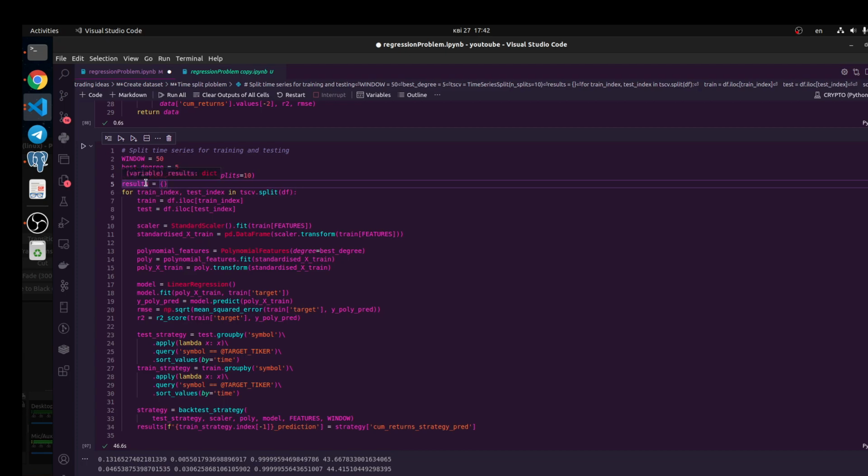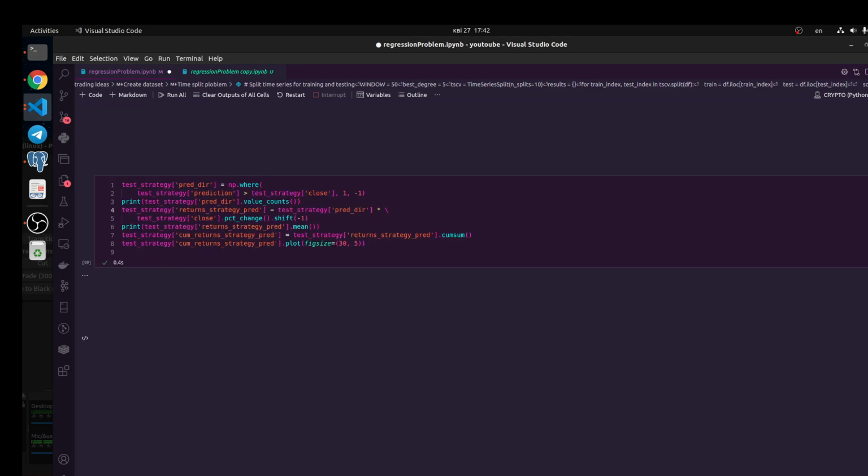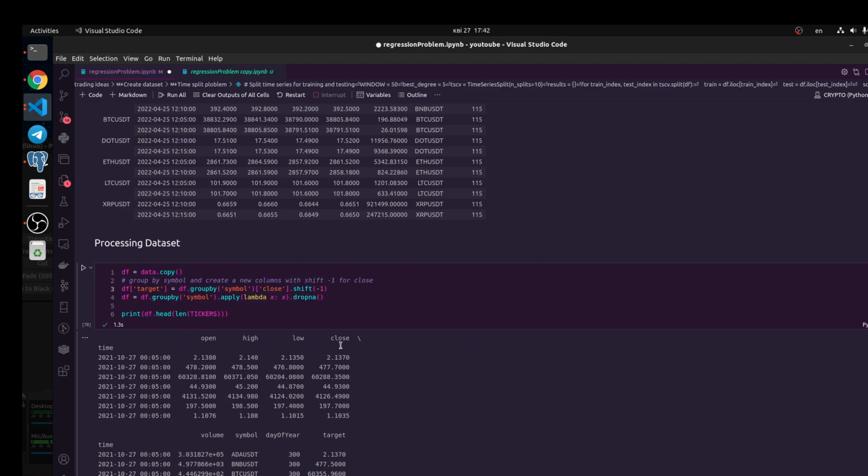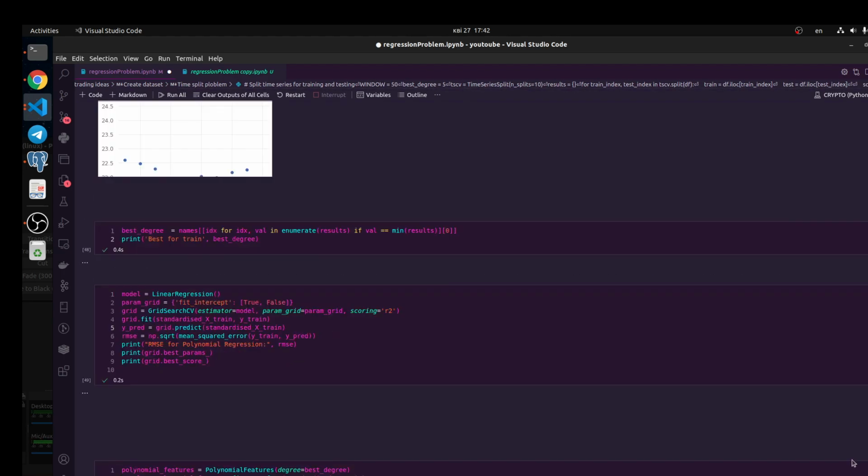It would be an empty dictionary, like results, and we're going to store some results in this object. So, you see we loop over train index and test index in our data frame. Our data frame means all this data set that we created here with our target variable.